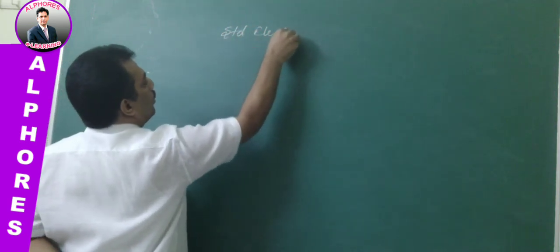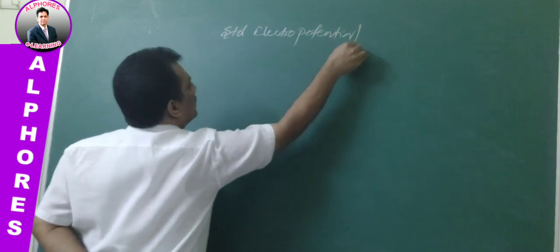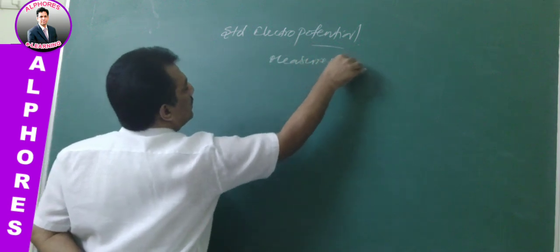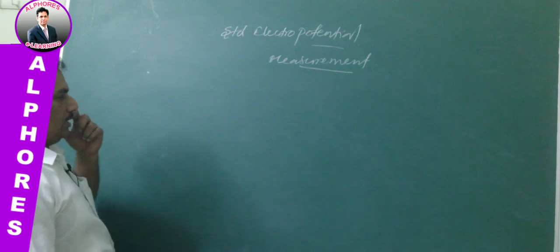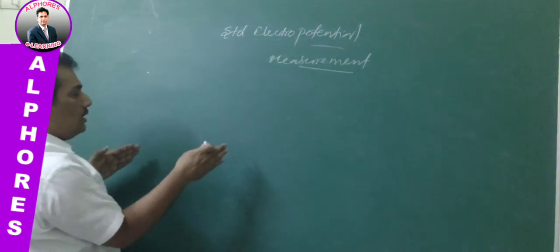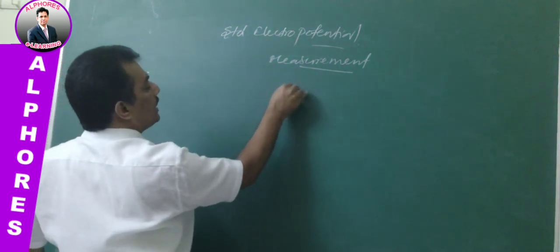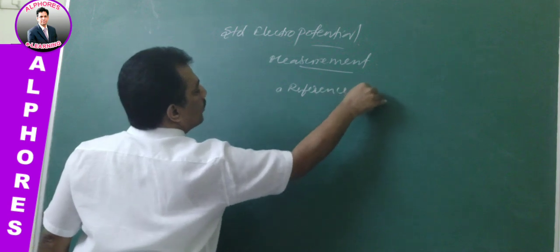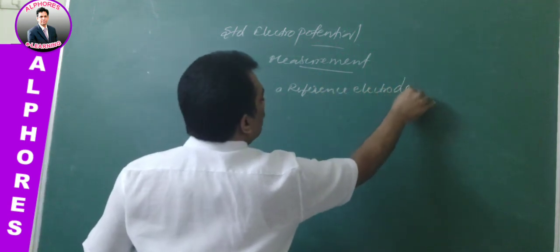electrode potential measurement, it requires only to construct a cell with a reference electrode. With a reference electrode, there is no requirement of the Nernst equation.